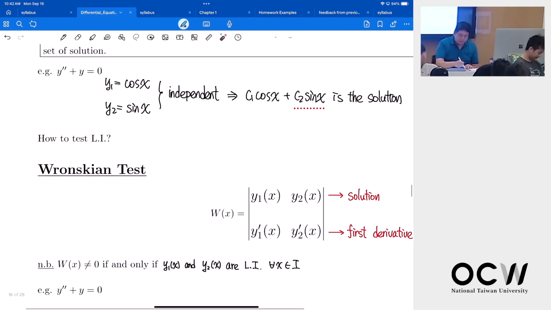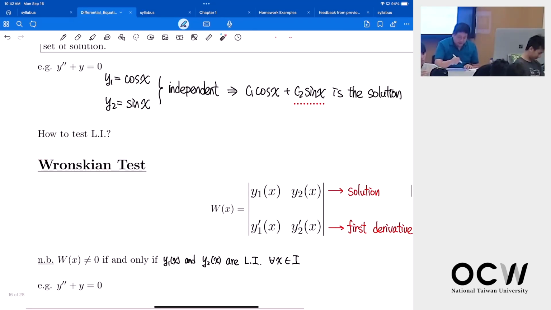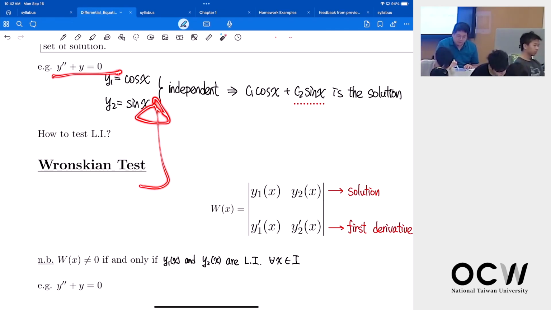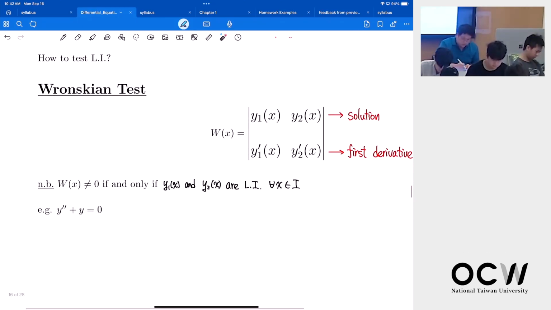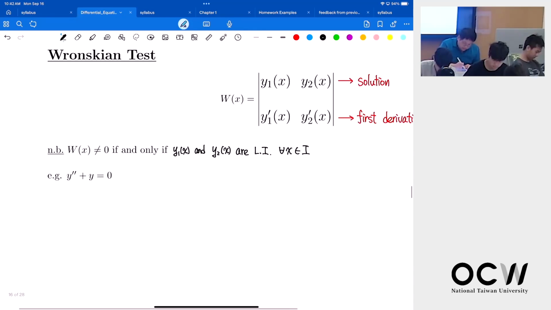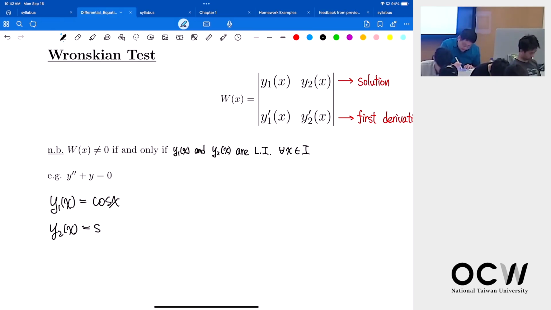So let's use this Wronskian test on our previous example to see if these two functions are really independent or not. So we know y1 is cosine, and y2, let's say sine.